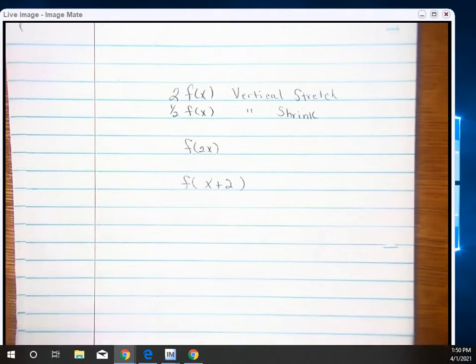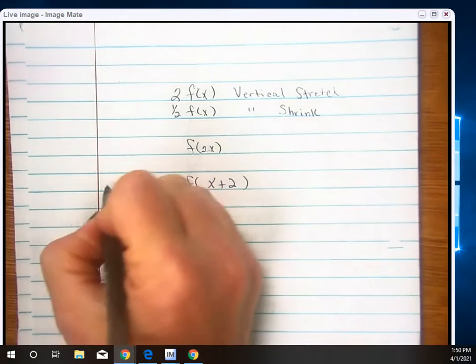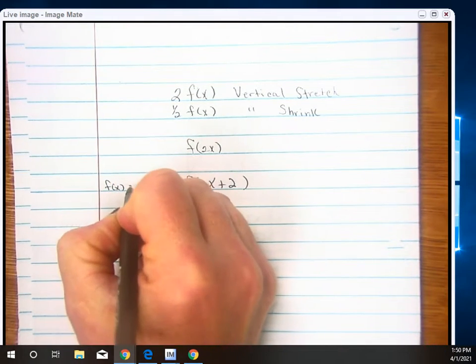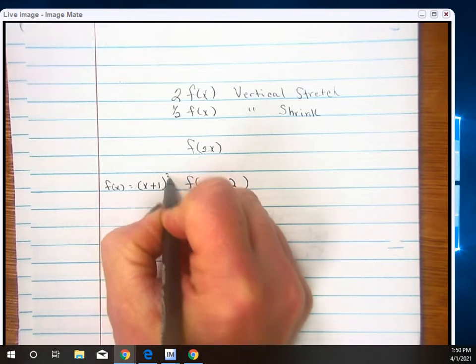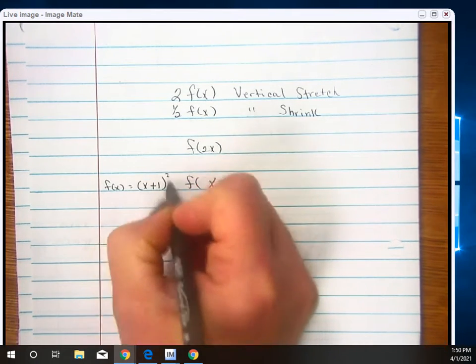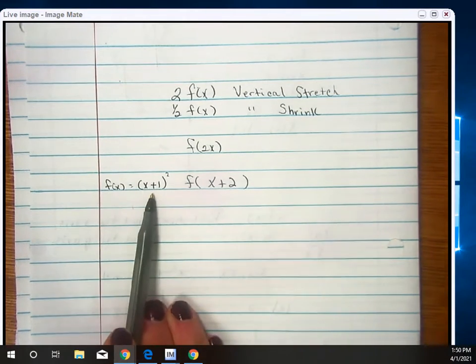So let's go back to completing the square, vertex form of the parabola. We have a parabola in vertex form where we had, say, x plus 1 squared. Well, how did that parabola move? Do you remember?